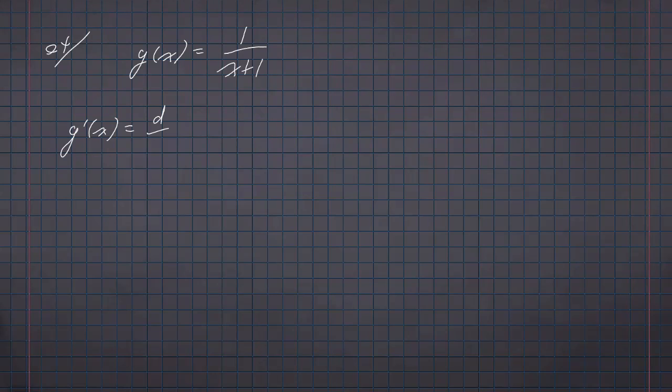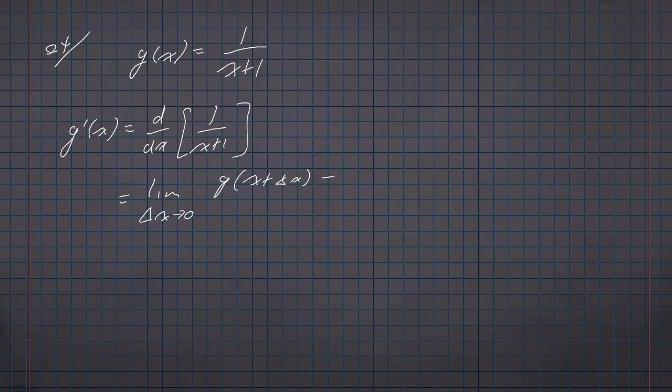Let's take a look at one more example. How about g of x is 1 over x plus 1? Well then, g prime of x, which we're defining now as the derivative with respect to x of 1 over x plus 1, is the limit as delta x goes to 0 of g of x plus delta x minus g of x all over delta x.